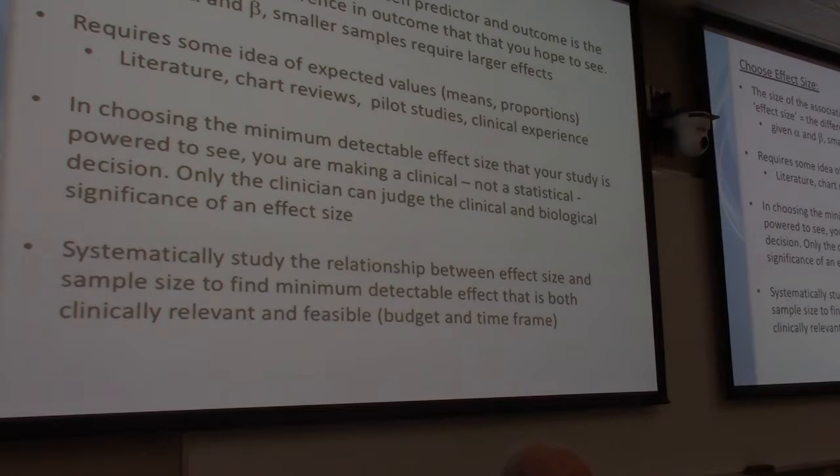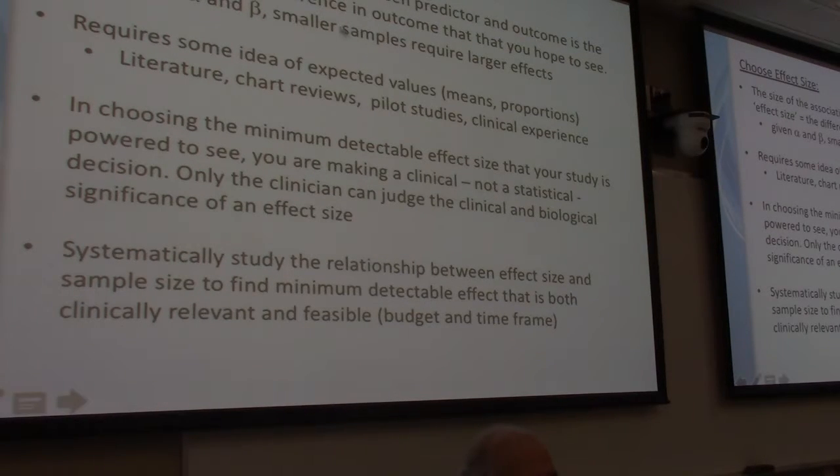Choosing an effect size, I mentioned, confuses people. It is simply the size of the association between your predictor and outcome. It's the difference that you hope to see, and it obviously depends on the type 1 and type 2 error rates that you're prepared to live with, because actually, that's incorrect.